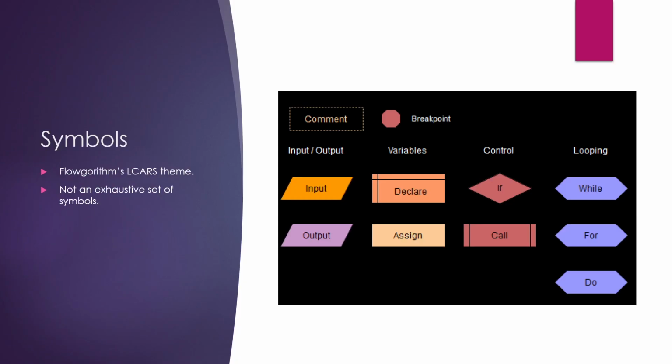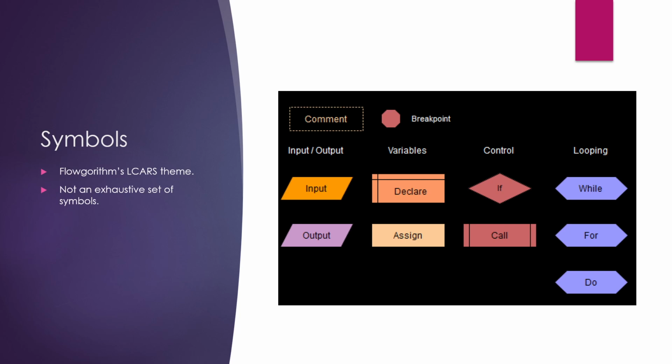So, when we talk about the symbols in a flowchart, there really is no set standard. So as long as you are being consistent and using symbols that make sense, it is no problem. This here is my choice of Flowgorithm theme. I use the Star Trek LCARS theme because I am a nerd.